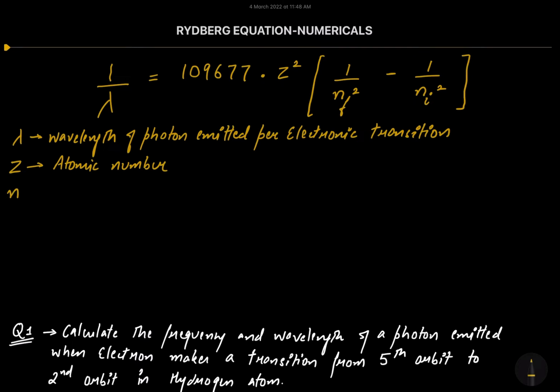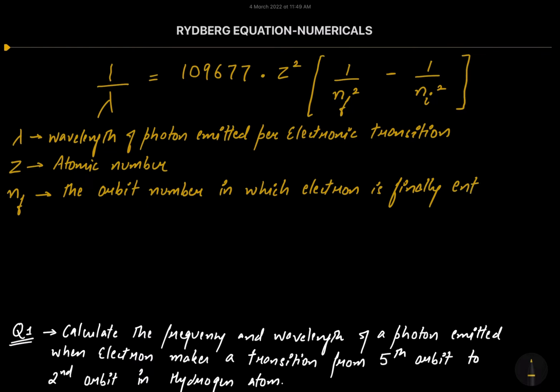What is Nf? Nf is the orbit number in which the electron is finally entering. What is Ni?